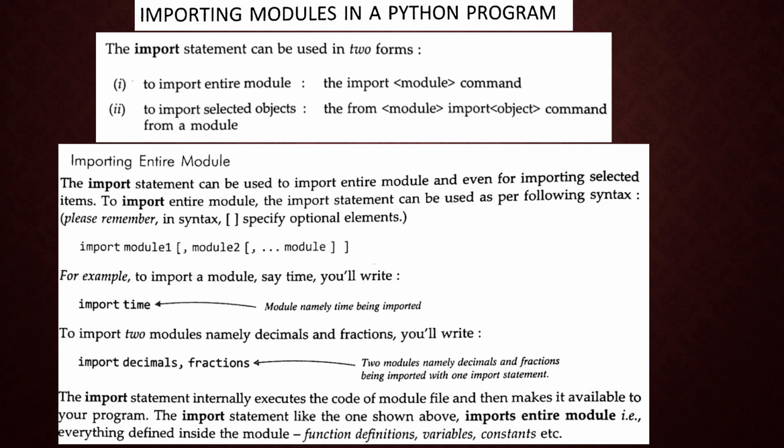To use the square root function, we use from math import sqrt. These are the two ways of importing: using the entire module, or selecting a particular object from a module.